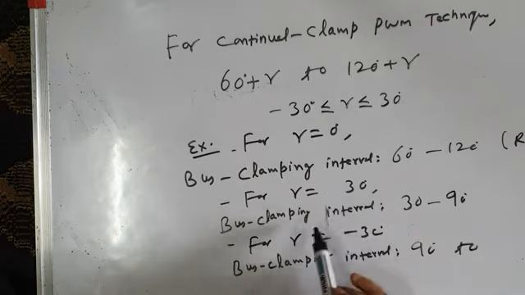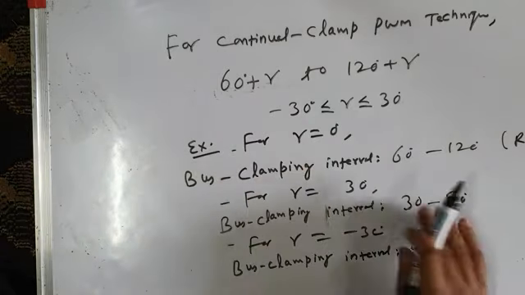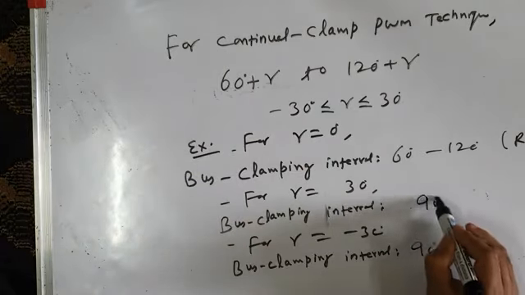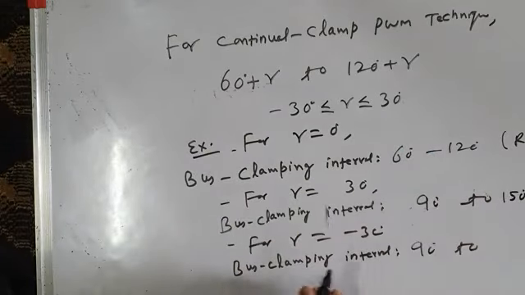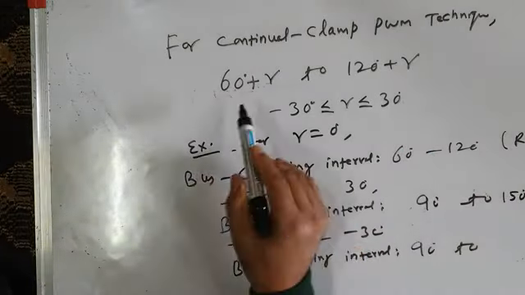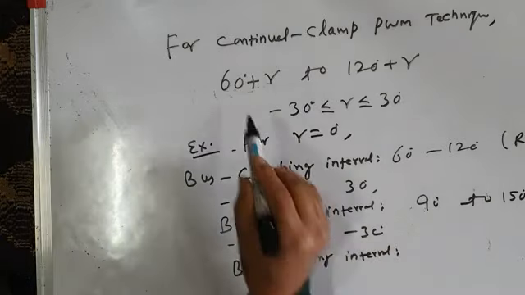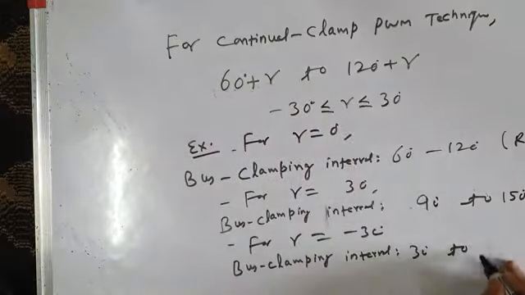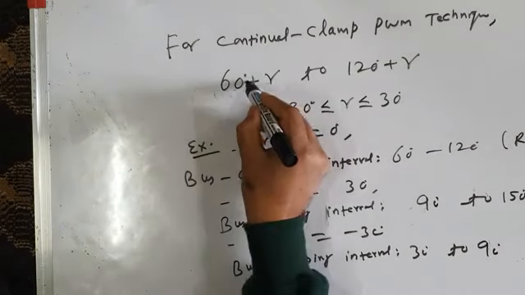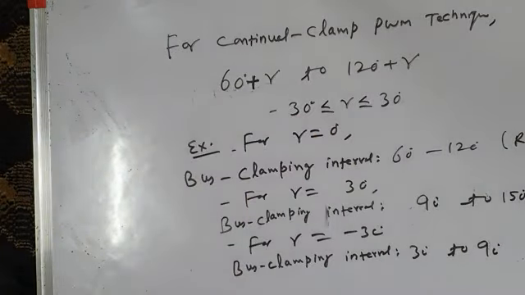For gamma equal to 30 degrees, it is 60 plus 30 is 90 degrees to 120 plus 30 is 150 degrees. For gamma equal to minus 30 degrees, it is 60 minus 30 is 30 degrees to 120 minus 30 is 90 degrees. So it has to be 60 plus gamma, not 60 minus gamma. Please correct it.